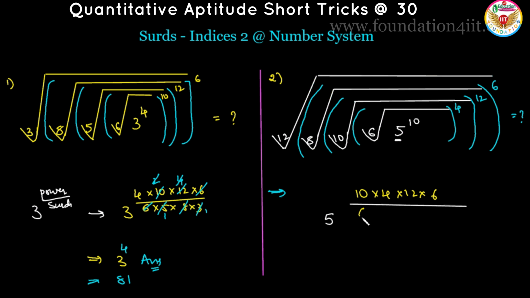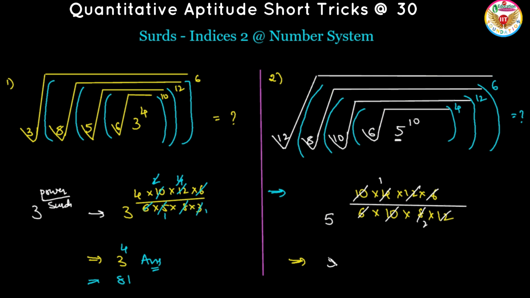Then the denominators you can take as the surds 6, 10, 8 and 12 directly. Just simplify and you'll get the answer. 10 and 10 get cancelled, 4 times 2 is 8, 12 and 12 cancel, 6 and 6 cancel. So finally 5 to the power 1 by 2 is left. That is the square root of 5, or 5 power 1 by 2 itself is the answer.